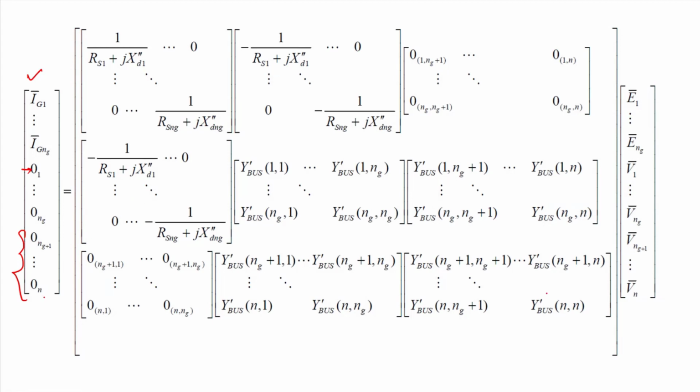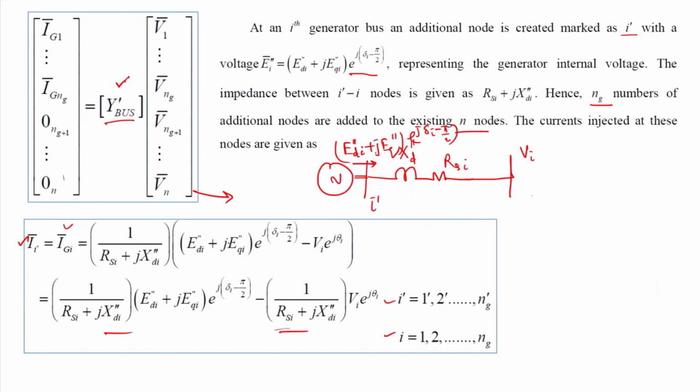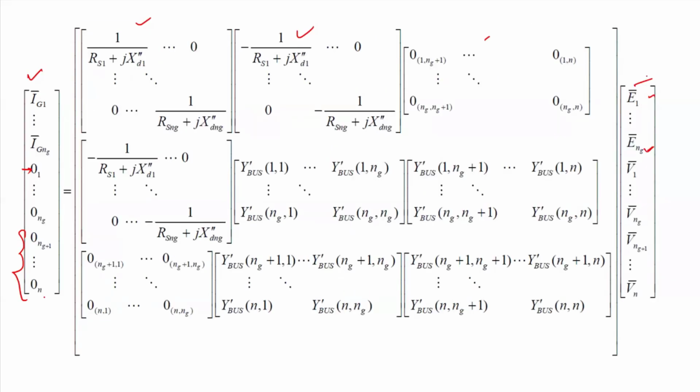So it is a very large matrix, but you can analyze it easily, not very difficult. The first part will be E1 to ENg because these are the voltages; in fact E1 to ENg are the terminal voltages of the generators.